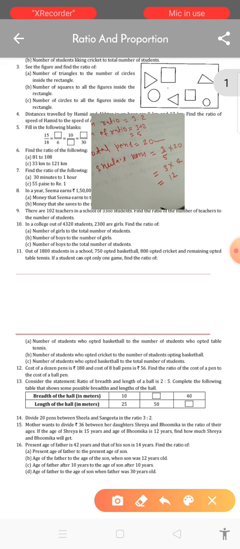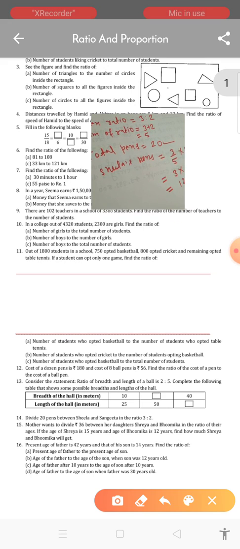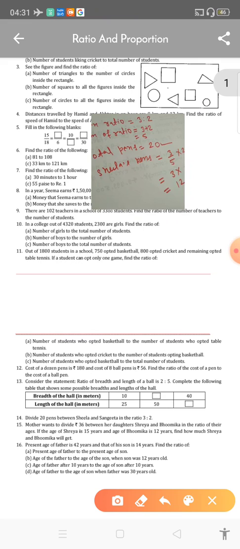Okay, and after this we find Sangeeta's pens. So what is the ratio of Sangeeta? 2.